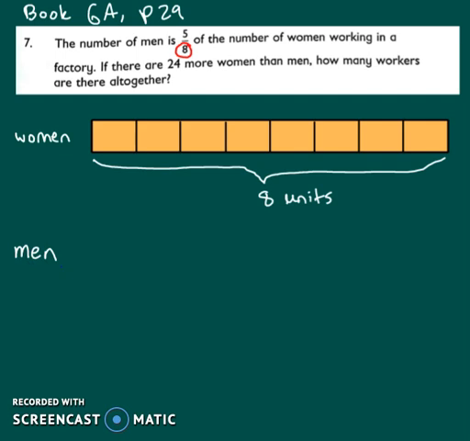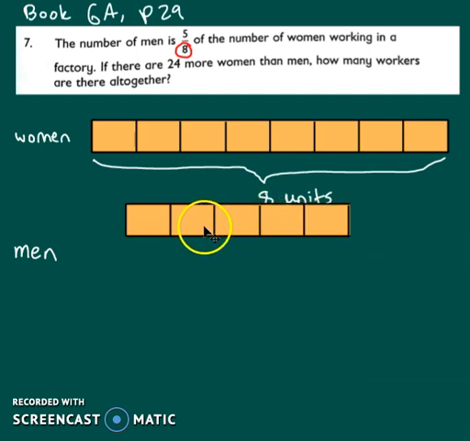Well, if there are 8 units of women, and we know that there are 5/8 as many units of men, then we know that we can represent the number of men using 5 units.